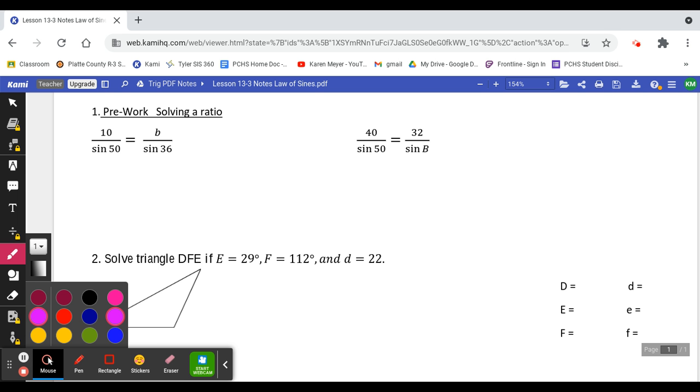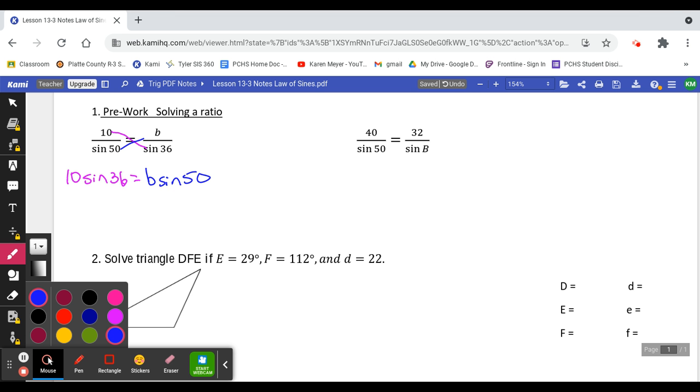And if you remember earlier in the year when we talked about if you had 2 fractions, then you would start by cross multiplying. So I'm going to cross multiply. So I'm going to have 10 sine of 36 equals, and then cross multiply the other direction, and I would have b sine of 50.